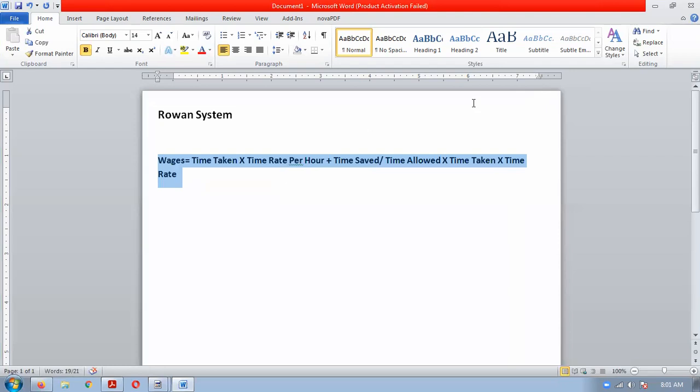So this is the formula of the Rowan plan. Simple. Everything is given in the question only. Let us see.